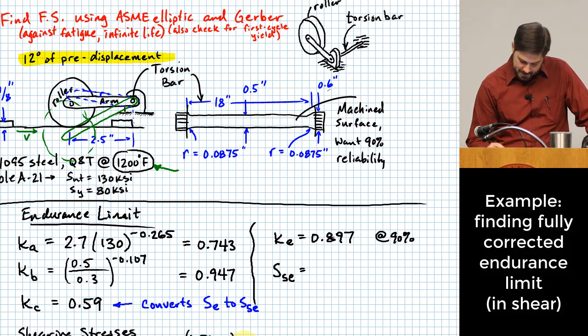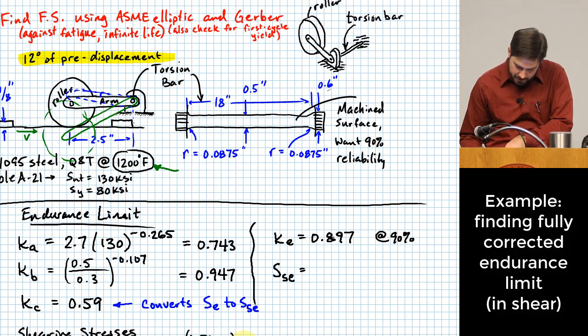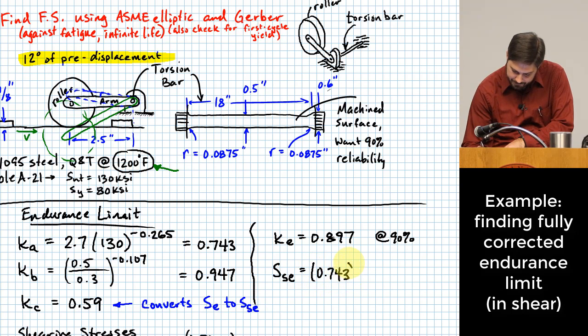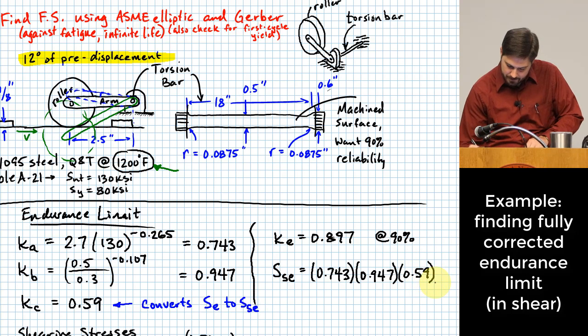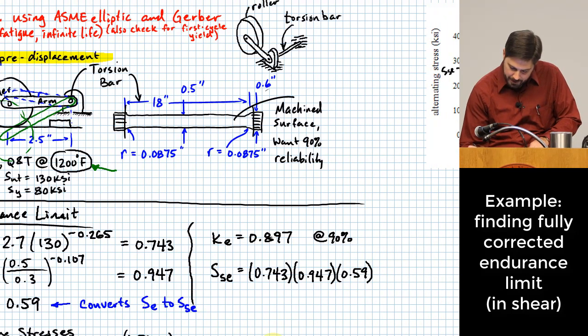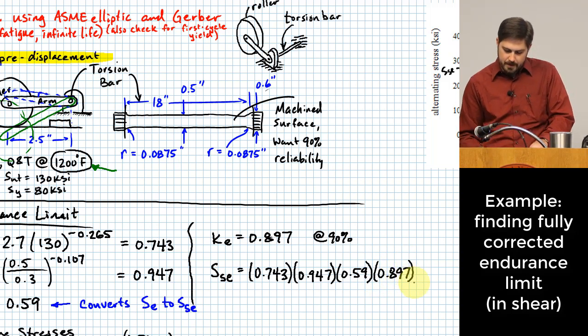So we put in here 0.743, 0.947, 0.59, 0.897, and then what else?